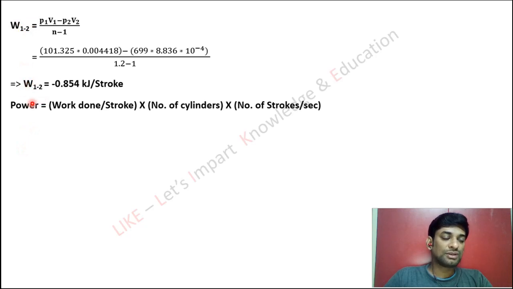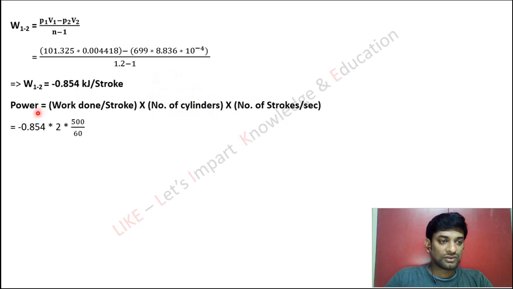But power should be calculated throughout the process. So for a single stroke, you have calculated. So you have to determine for all the strokes, total number of strokes. So work done into number of strokes. This is for a single cylinder. 2 cylinders are given. So you have to multiply it by number of cylinders also.